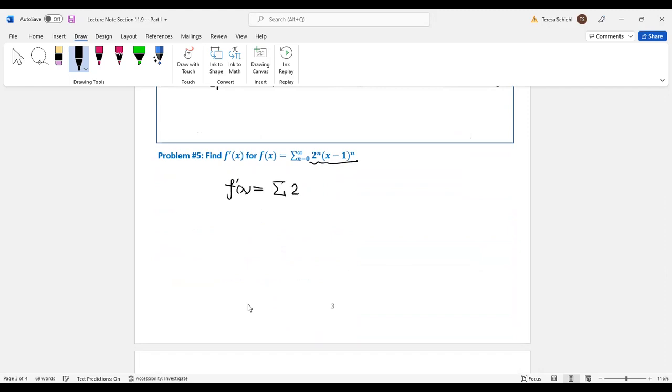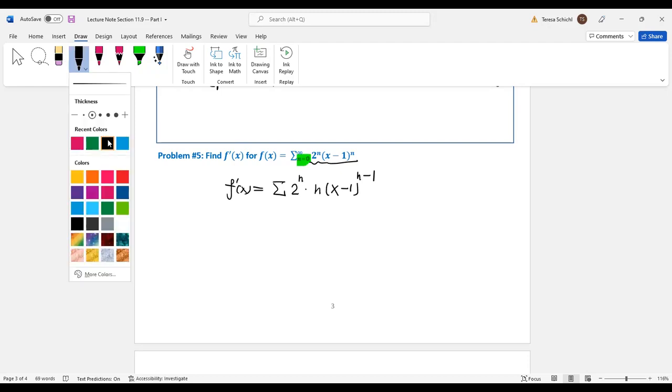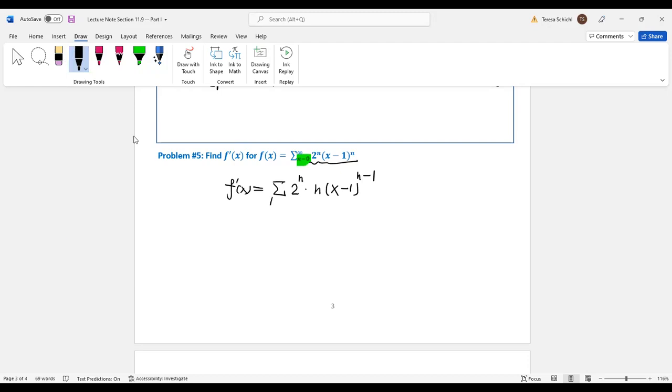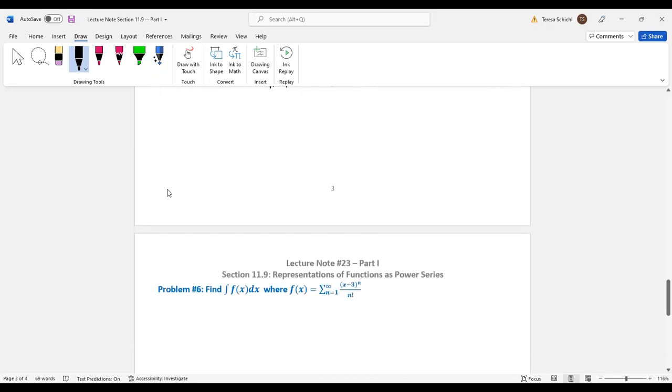So 2n, n is a constant, then x minus 1 to the n minus 1 here. The only thing we need to be careful about is that the original n is from zero, right? Now, because I dropped the 1, I need to start at 1 to infinity. So it's pretty simple and straightforward.